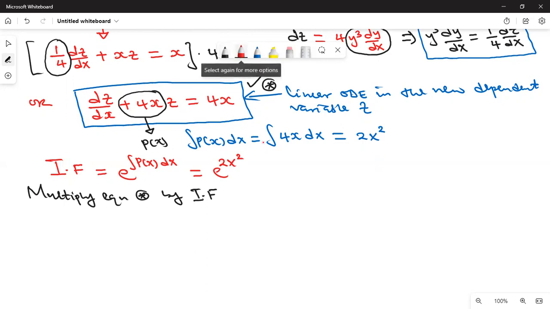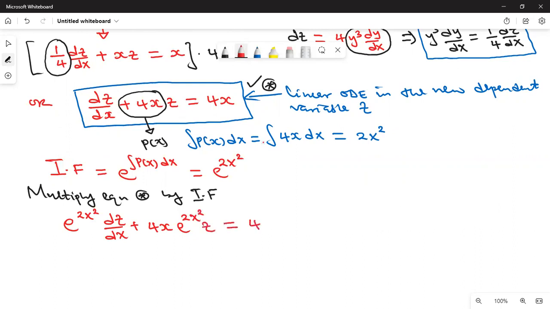We are going to get exponential 2x squared dz dx plus 4x times exponential 2x squared z is equal to 4x exponential 2x squared. That's what we have.